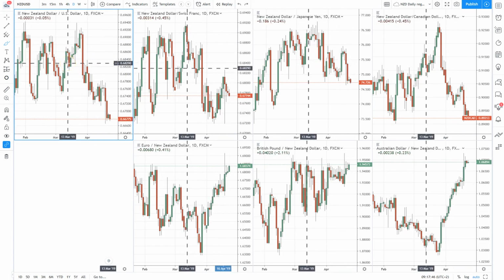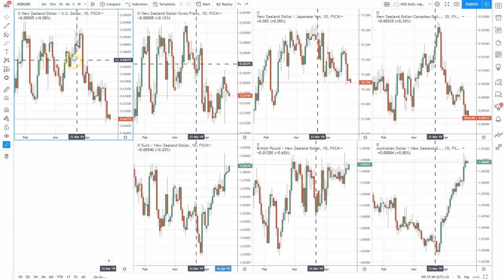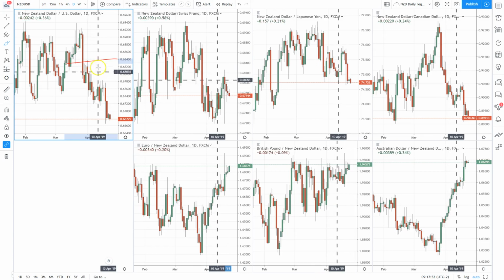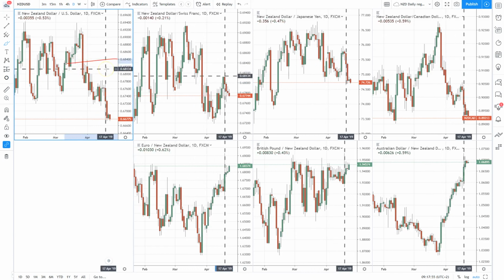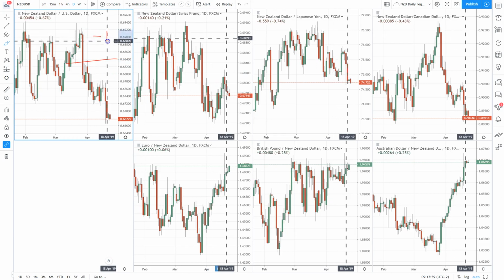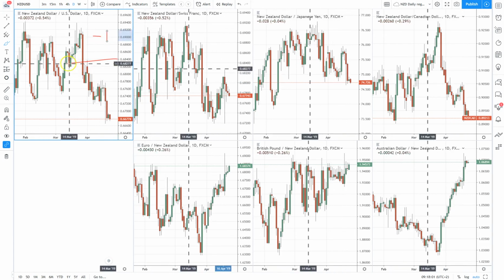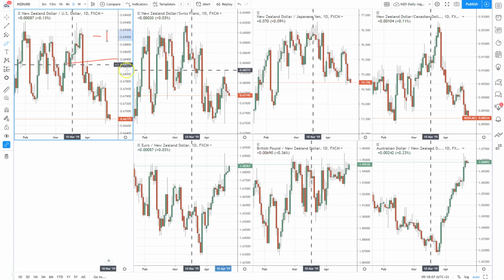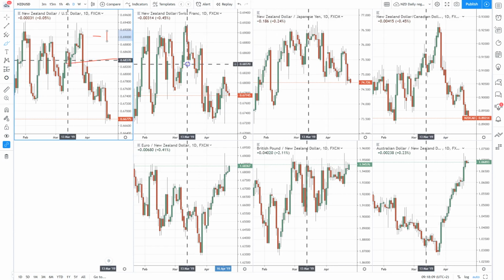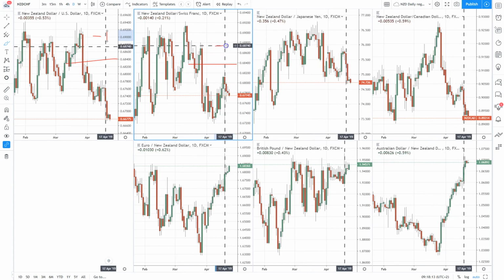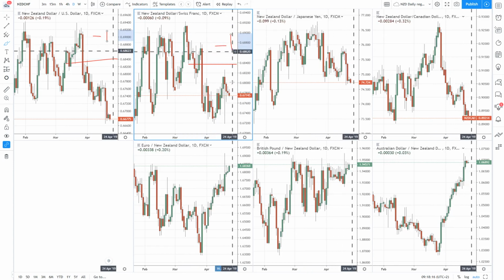For this one, pardon my horrible drawing, this would obviously be New Zealand weakness, so this is a -1. I've drawn the line from the 13th of March 2019, which is where I'll start, around here. Here we're also clearly sellers, so -1 again.